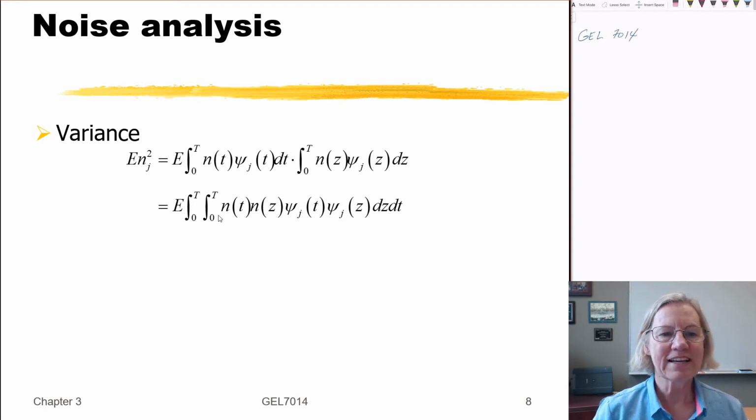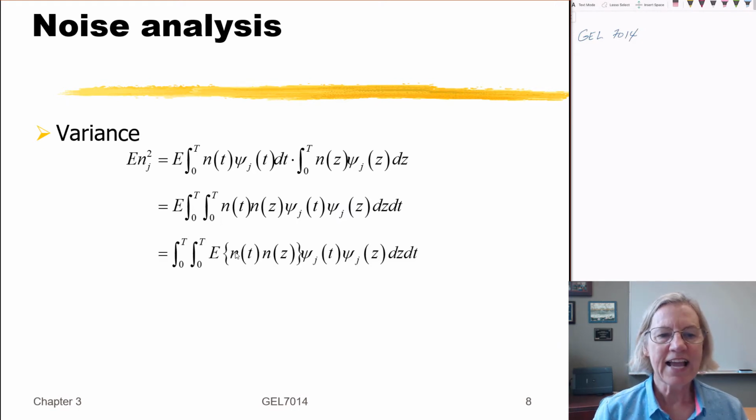We put these products under one double integrand, so we have n of t times n of z, phi j of t, and phi j of z. Once again, we're going to change the order of the integration and the expectation, and again, the basis vectors do not enter into the expectations since they are deterministic.